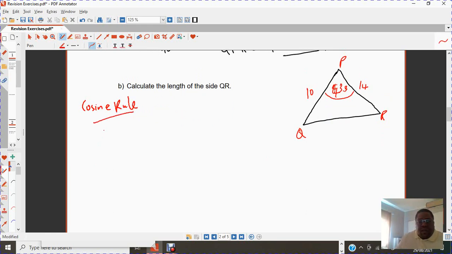The cosine rule, you remember, it's a squared. Let me just make sure that my a squared looks proper.